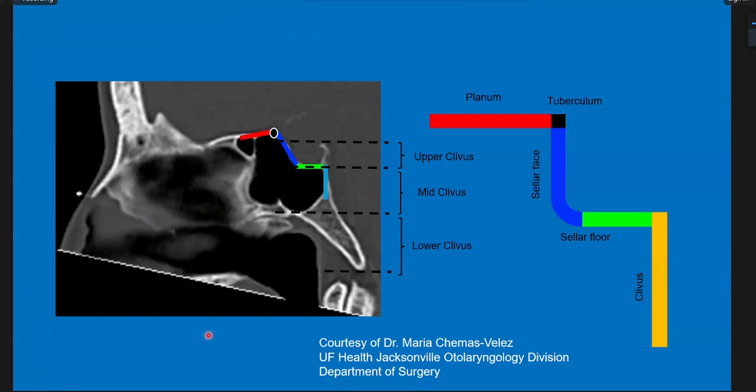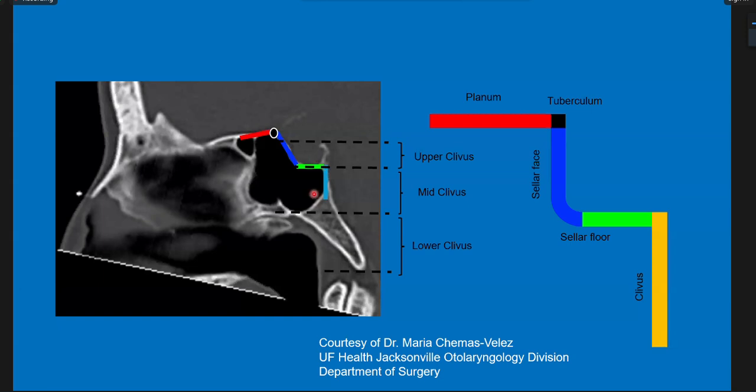So these areas are basically divided into, I mean, they form somewhat of a stair-step pattern. For example, here, the planum, you have the tuberculum, you have the sellar face, you have the sellar floor, and the clivus here.